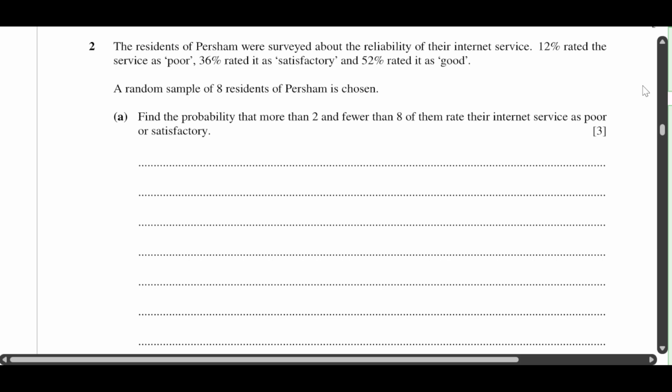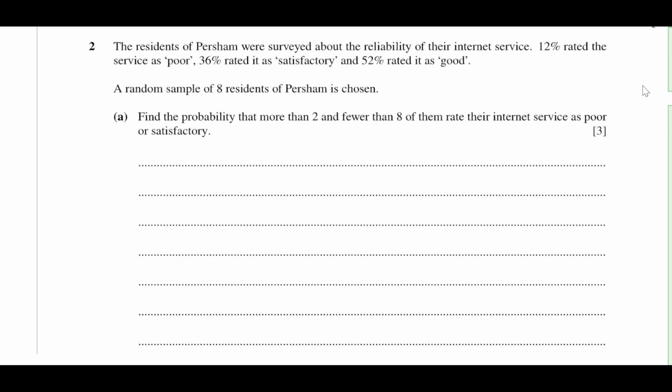The residents of Parsham were surveyed about the reliability of their internet service. 12% rated the service as poor, 36% rated it as satisfactory, and 52% rated it as good.